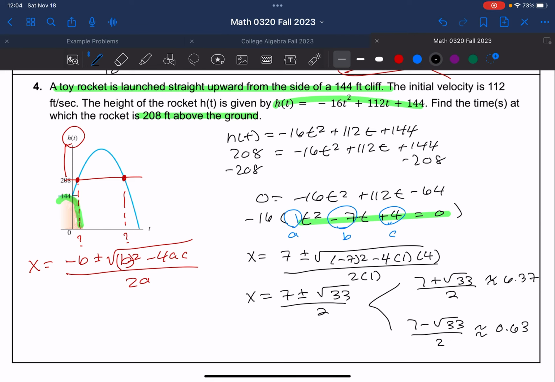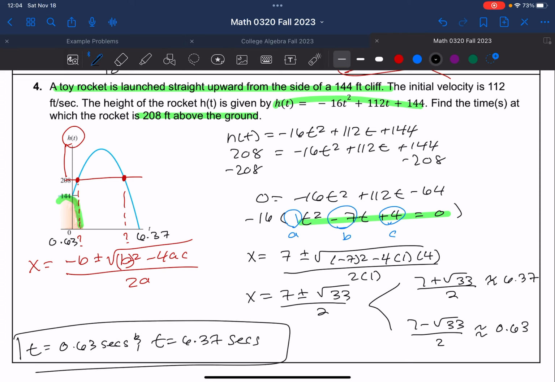So right here, 0.63, 6.37. So I have t is equal to 0.63 seconds, and t is equal to 6.37 seconds. And that's my answer.